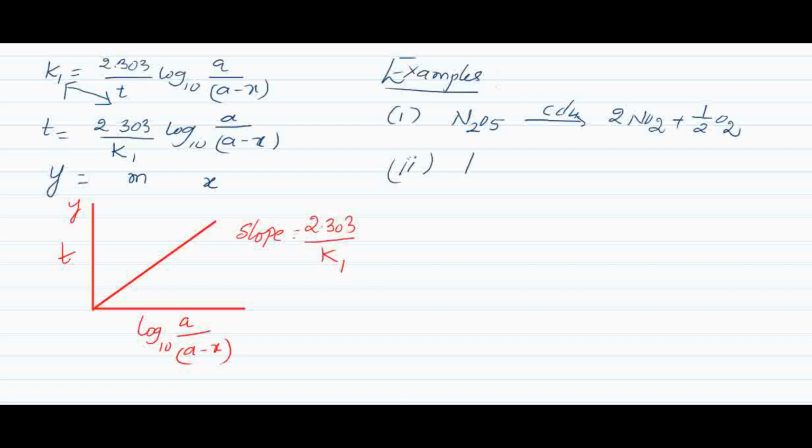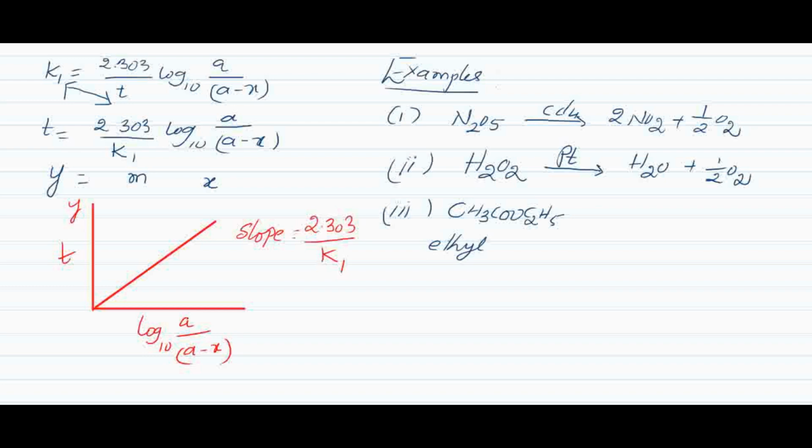Next, the second one is the hydrogen peroxide aqueous solution, which is decomposed in the presence of a platinum catalyst to H2O and oxygen. And the third one is CH3COOC2H5, this is ethyl acetate. So the hydrolysis in the presence of acid.